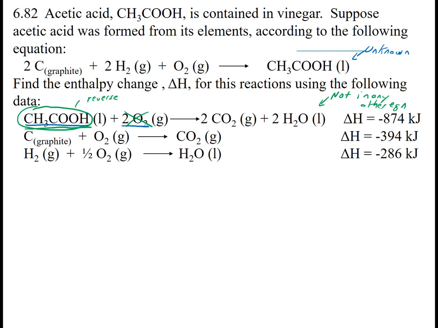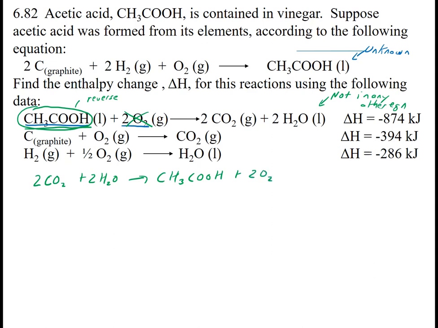But the coefficient here is 1 and the coefficient there is 1, so all I need to do is reverse this one. By reversing, I write my products first, so I have 2 CO2s, I'm not going to worry about writing the states down, plus 2 waters goes to form the CH3COOH plus 2 oxygen.